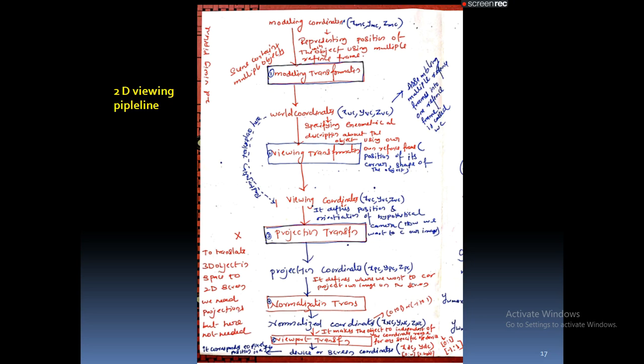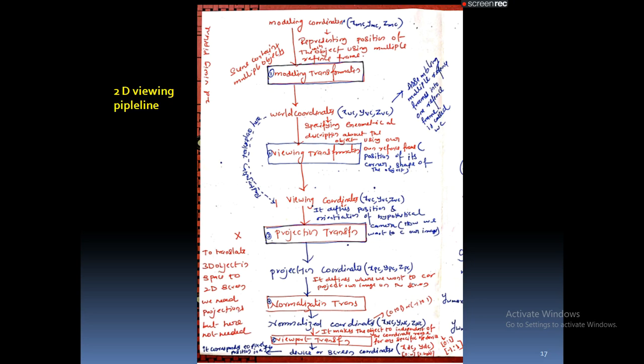If you perform this series of transformations, then only the created object is displayed on the screen of the monitor. So today we discussed only one concept, that is called two-dimensional viewing.